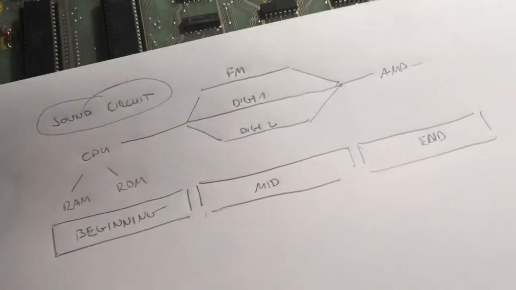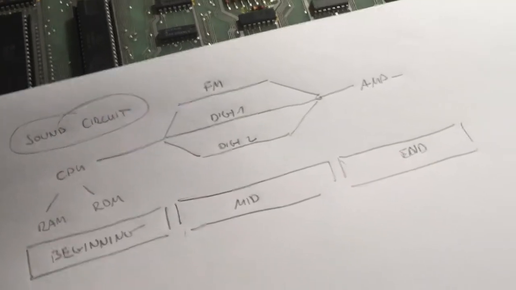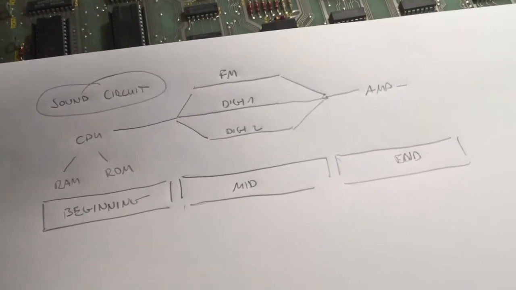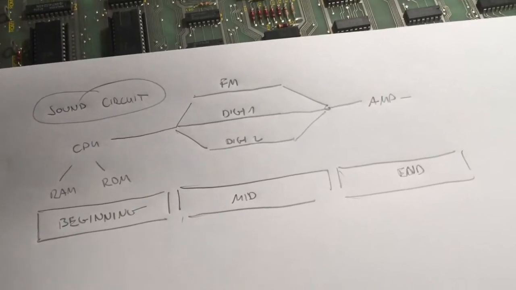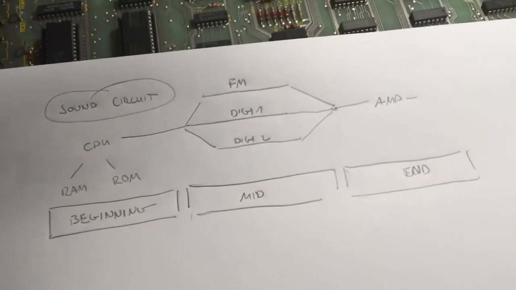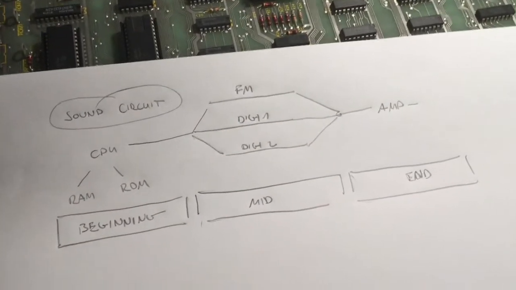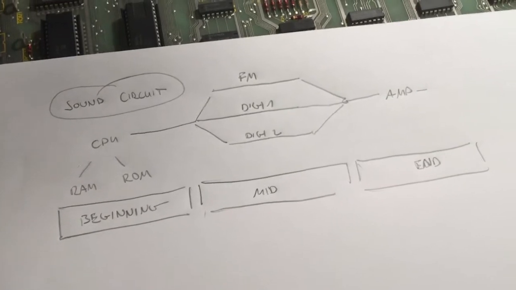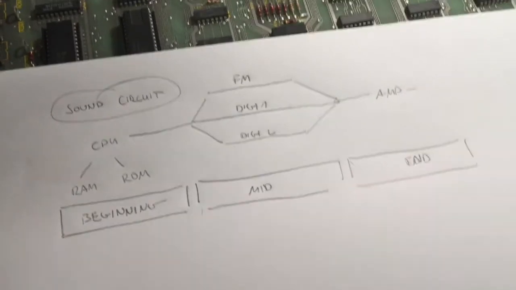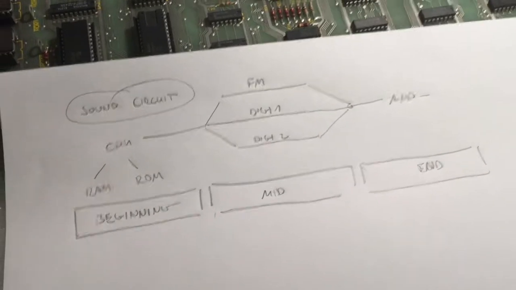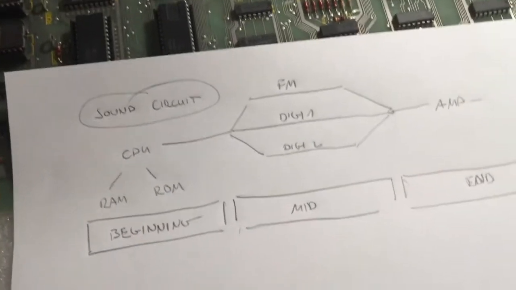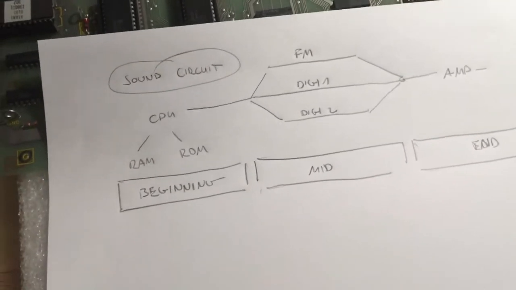Okay, to explain it, I made up this little scheme here. Let's assume you have a PCB that has sound problems, and the sound problems are that you have a complete loss of all sounds of the game. Applying the rule that I just mentioned, you would have to look at the very end of the sound circuit to look for the problem, or at the very beginning of the circuit, because you have a complete loss of a function.